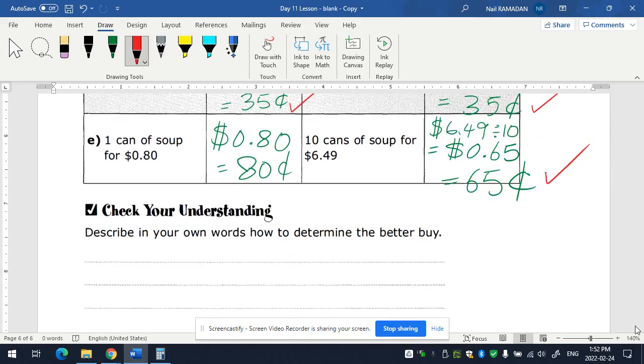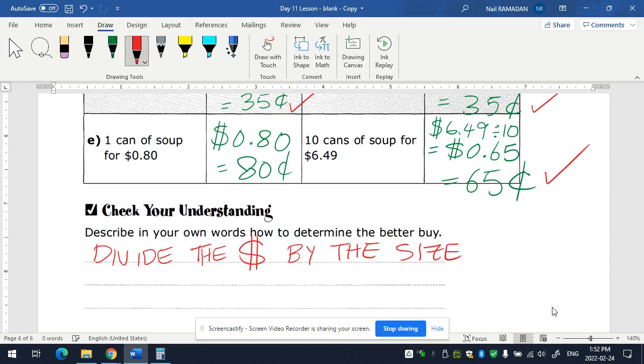Okay. Describe in your own words how you determine the best buy. Divide. Everyone, go ahead. Divide the money. I'm just going to write the dollar. The money by the size of the pack, comma.